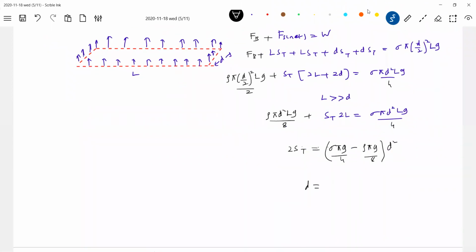One 4 also you can take common. If you take 4, this will become 8ST. One more step, I'll do it. 2ST, this will be 4ST. 4 if you take common, 8ST will become 8ST. Pi g also will come outside, no? Sigma, 2 sigma minus rho.